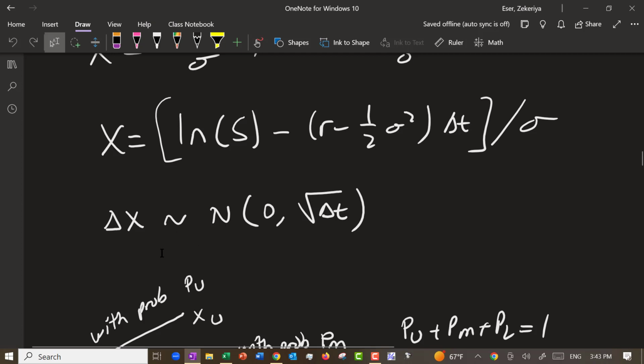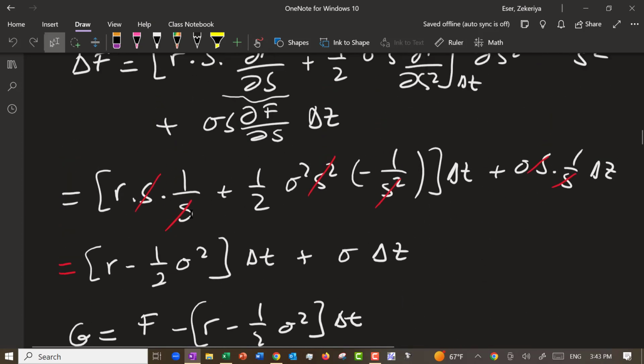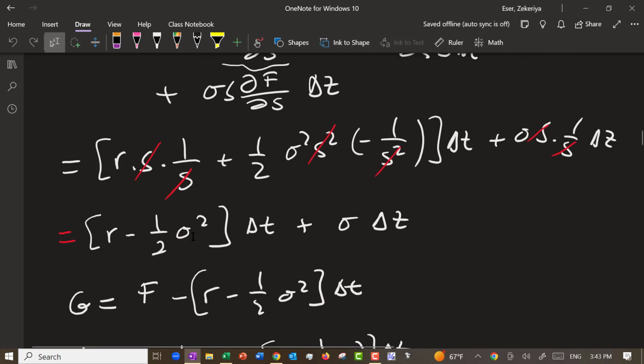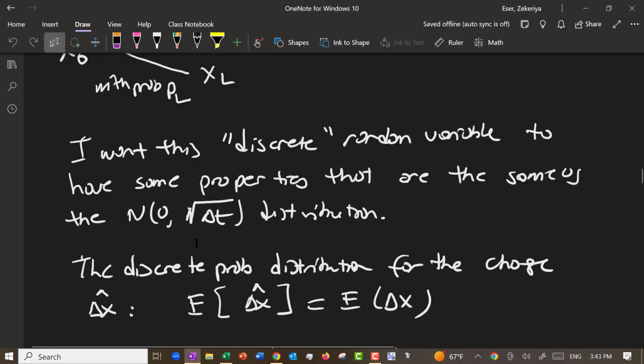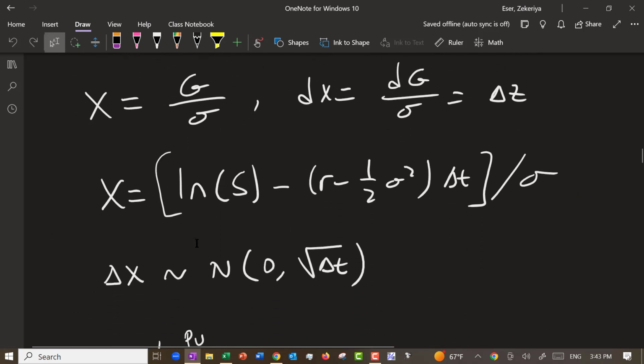Once we calculate a path for the X's, basically unwinding that transformation. Let me see. That should be T.